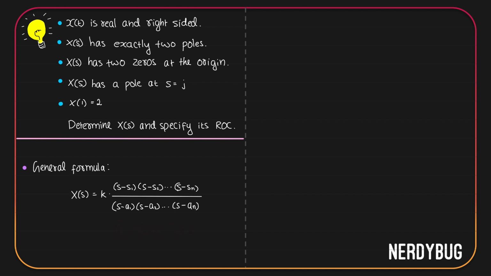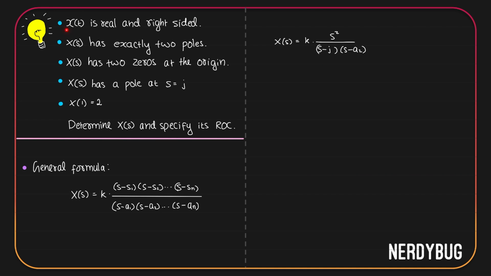So we can write x of s is equal to k times, on the numerator we have s square divided by, it is given we have exactly two poles. So it will be of the form s minus a1 into s minus a2. But it is already given that one pole is at s equal to j. So instead of a1, I will write j.